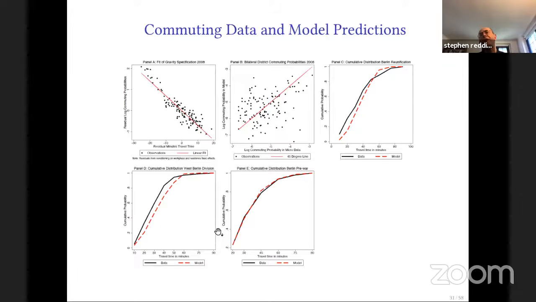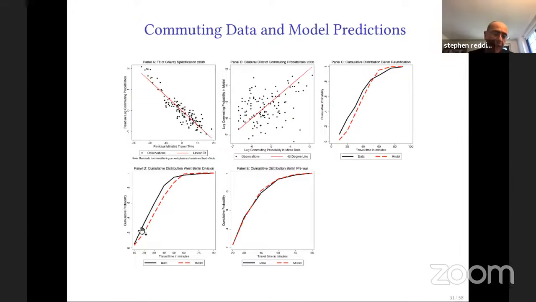So that's taking our entire matrix of bilateral commuting flows between blocks. We know how many people are flowing between the blocks, and we know the travel times between the blocks. And so we can construct inside the model a cumulative distribution function of the fraction of workers commuting different travel times. And then we also see those reported fractions in the survey data for the division period.